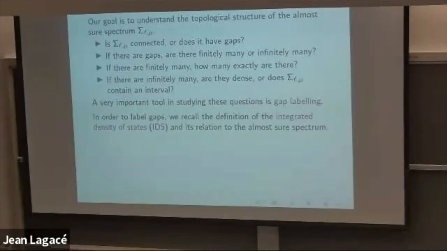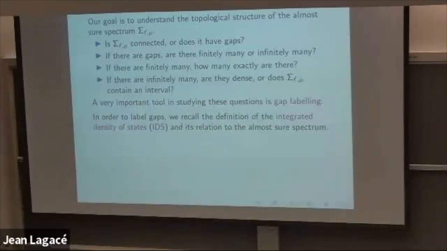So what is gap labeling? We have our almost sure spectrum. A gap is a connected component of its complement in R. Sometimes you discard the unbounded gaps, the half line above the spectrum and the half line below, and you're really interested in the bounded gaps, but you can also include the unbounded ones. So those are the gaps. What is gap labeling?